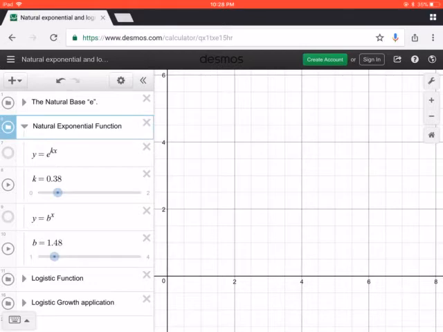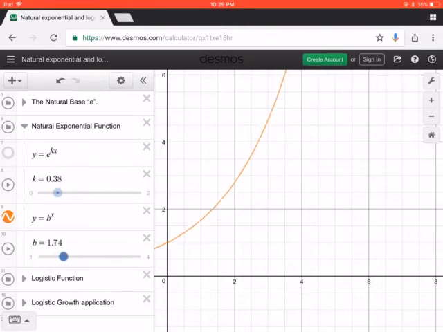So what's so important about this letter E? It's called the natural base. It's used a lot and seen a lot in calculus and has a whole bunch of applications. But why is it called the natural base? What's interesting is we've been dealing with exponential functions, but we've seen functions where the base value can be altered.